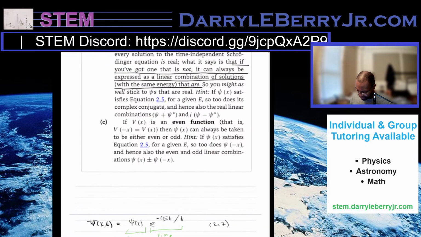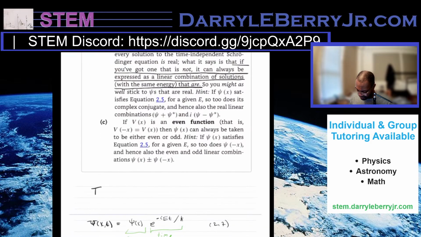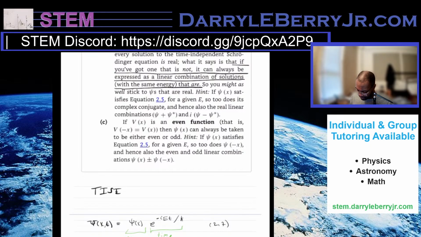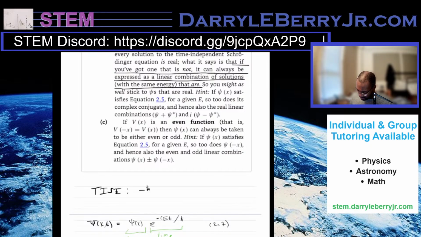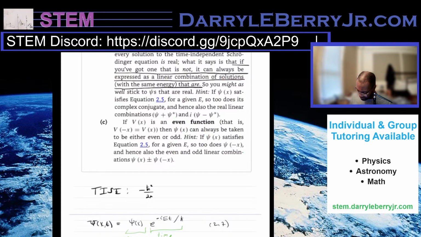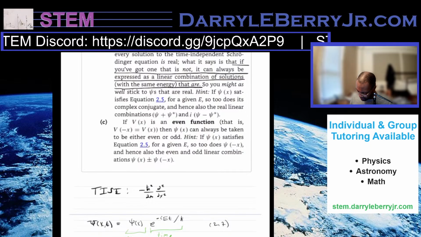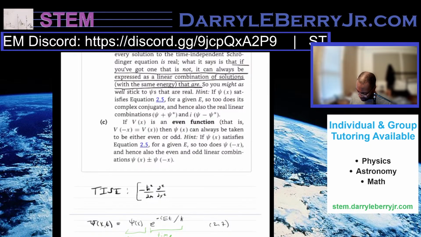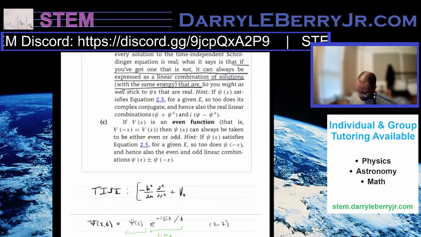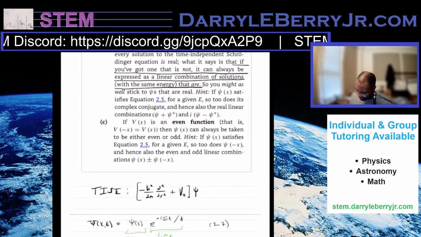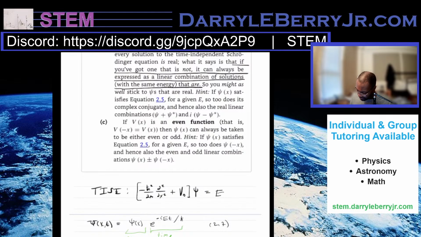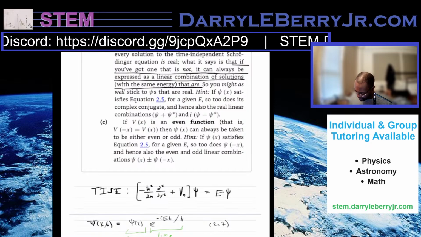So this goes to the idea that if we solve the time-independent Schrodinger equation, it's going to be negative h bar squared over 2m, second derivative, plus the potential, psi equals E psi.